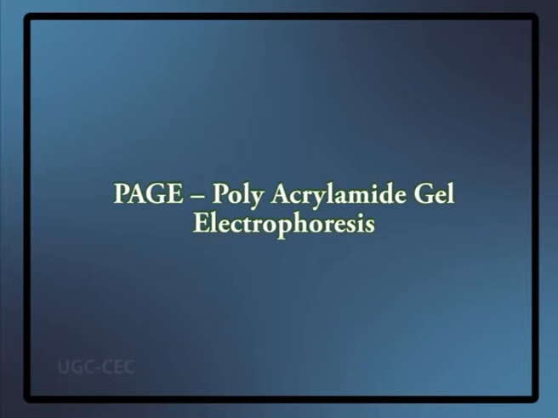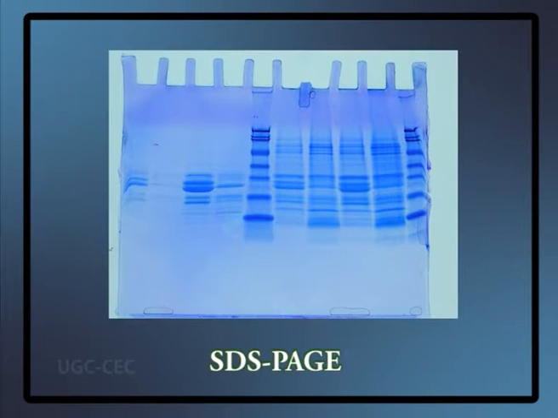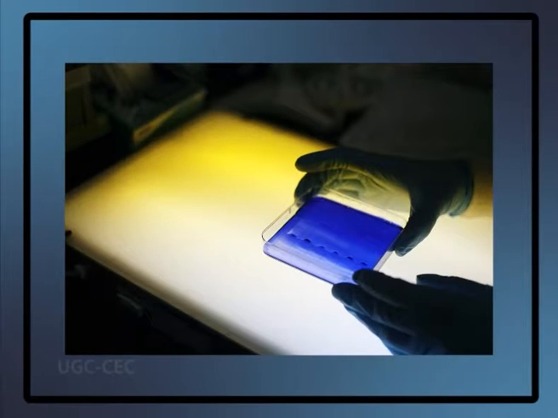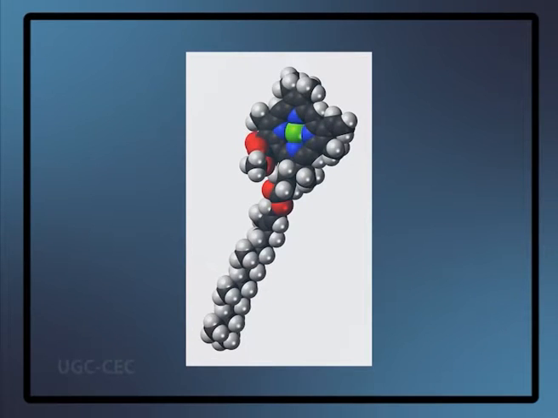PAGE can be of two types. One, SDS-PAGE, which is a modified version of PAGE whereby sodium dodecyl sulfate, SDS, is used. SDS is an amphipathic surfactant which denatures proteins by binding with its hydrocarbon tail.